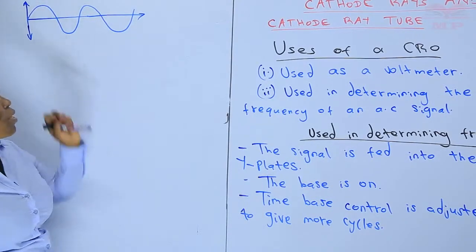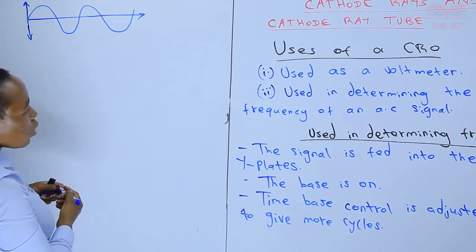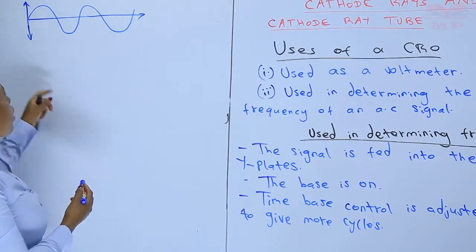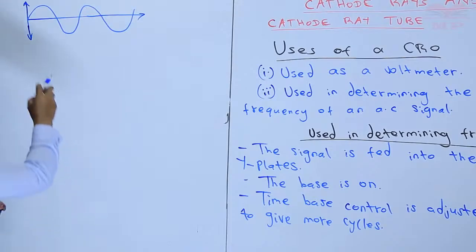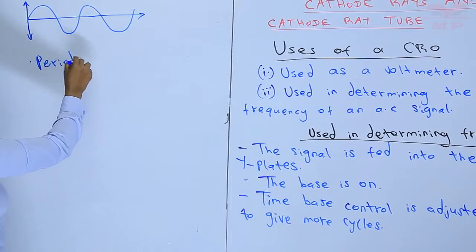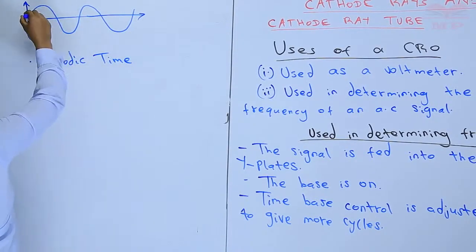when we want to calculate the frequency, the periodic time is recorded. The periodic time is the time taken to complete one cycle.